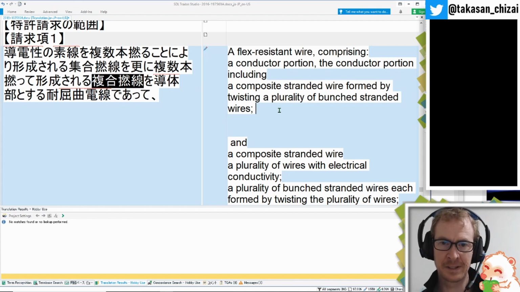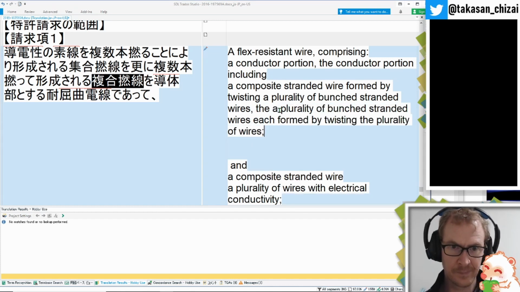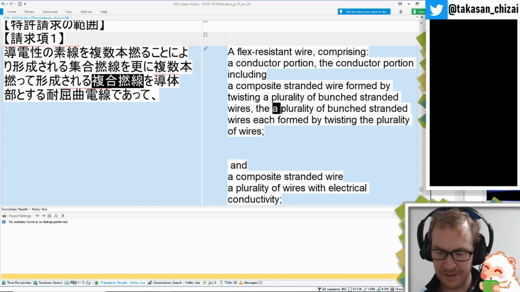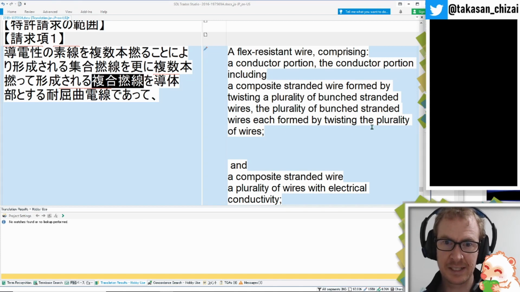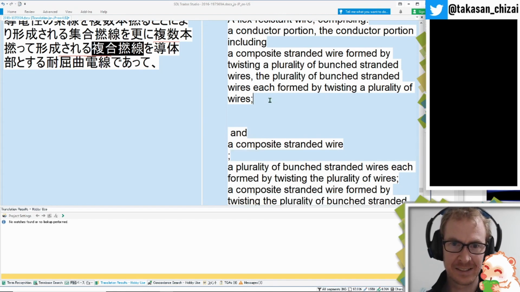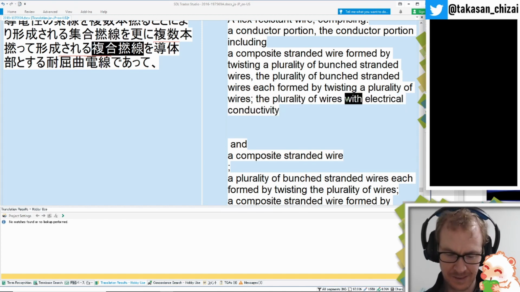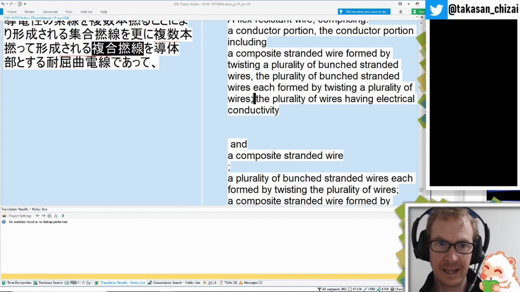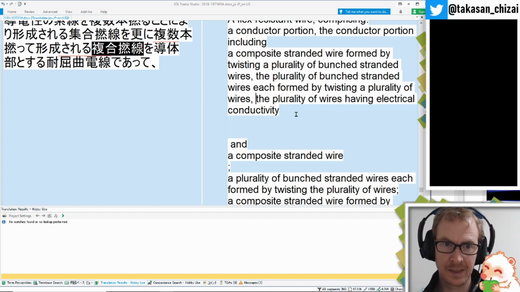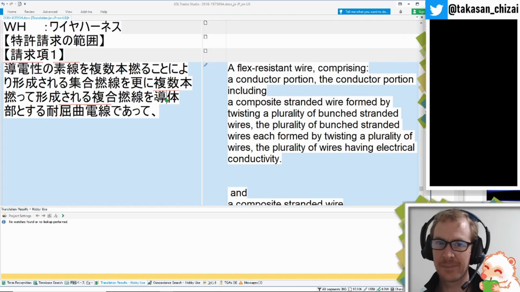And so the polarity of bunch stranded wires, each formed by twisting a polarity of wires, and the polarity of wires having electrical conductivity. So let's look at this now.